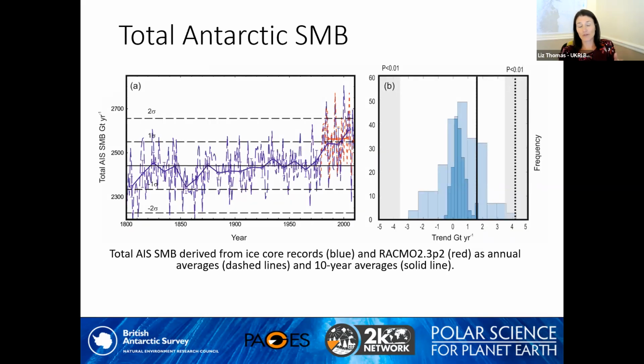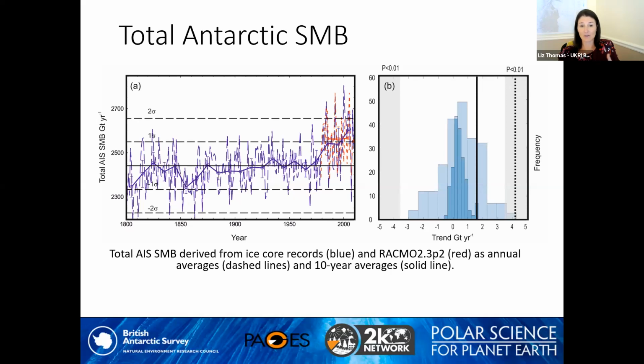And then when you put all of these regional composites combined and their area weighted, what we could actually see was a pattern more in line with what I had been expecting, which was this positive trend in surface mass balance during the 20th century. So the figure here is showing the total Antarctic ice sheet and the surface mass balance from the ice core records.